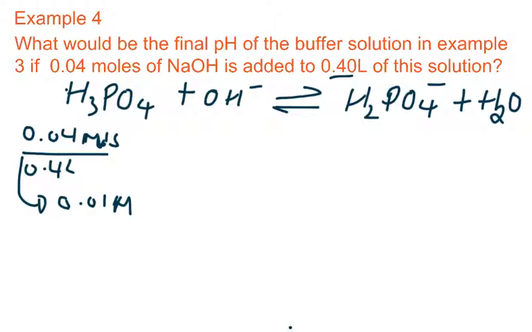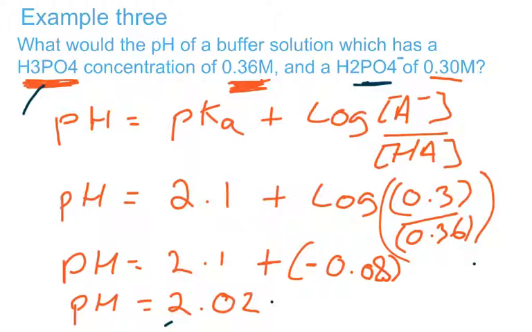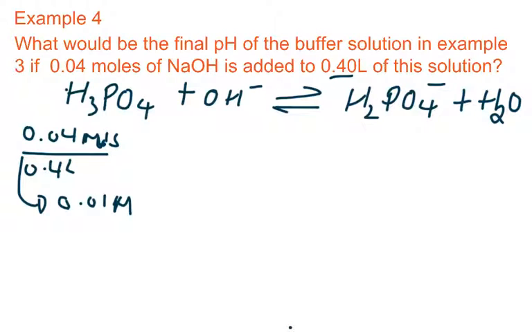Now, what do we say to ourselves, what are we starting out with? So let's look back at our chart right here. We are starting out with 0.36 big M of H3PO4. So let's put that in our chart. So H3PO4, we're starting out with 0.36 big M of it.